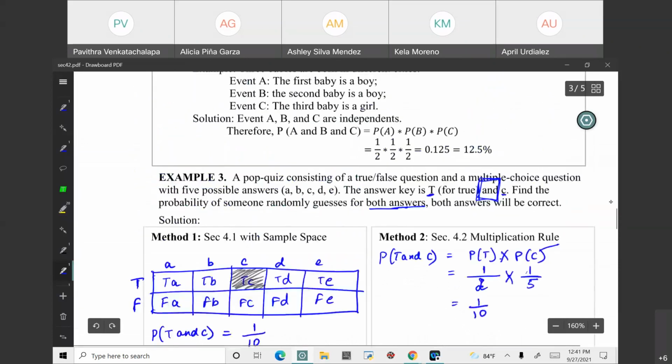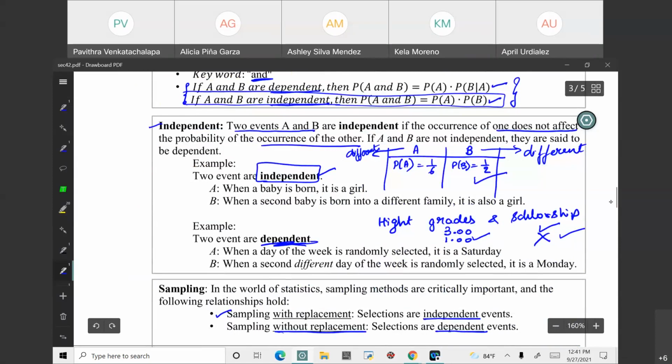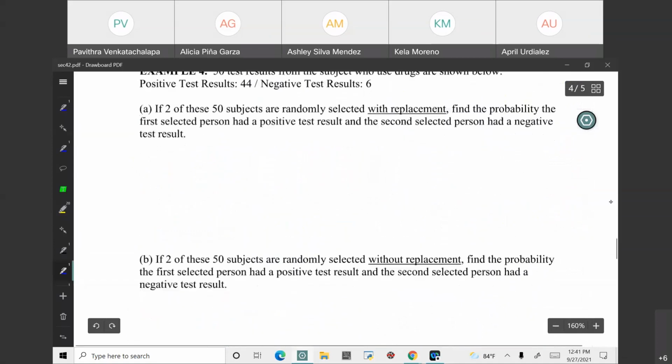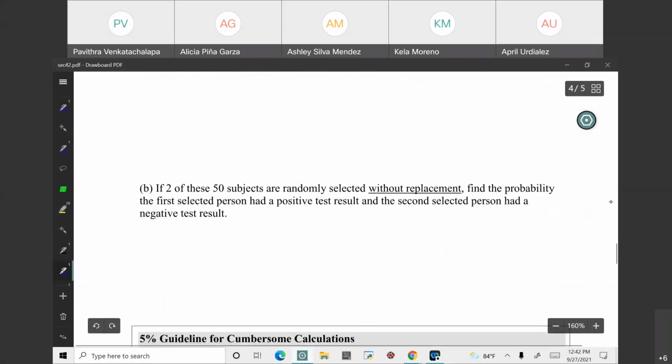Okay. So here, with replacement means independent, without replacement is dependent. So this is independent, and dependent.